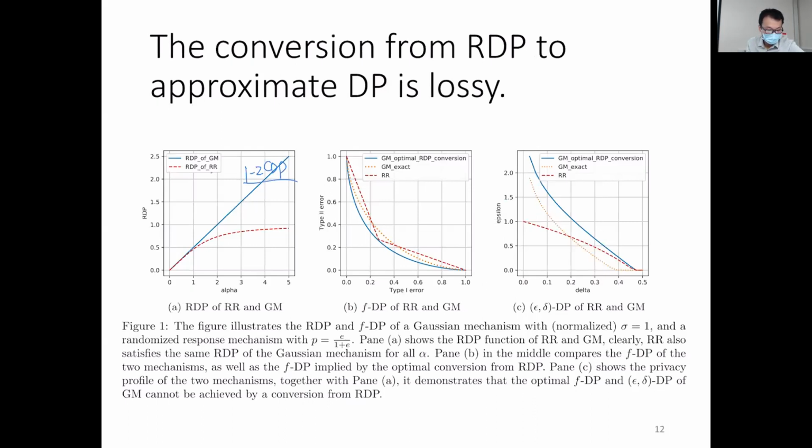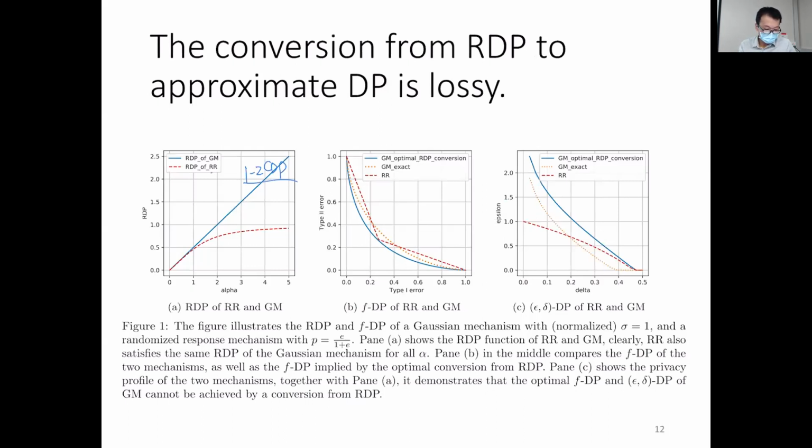By doing that, you can work out that the optimal RDP conversion is this blue line in the second and third figures. The second and third figures are equivalent; they are dual to each other. In the second figure, we are plotting the trade-off function representation, and in the third figure, we're directly plotting the privacy profile, but inverted. So the horizontal axis is delta, and the vertical axis is epsilon.